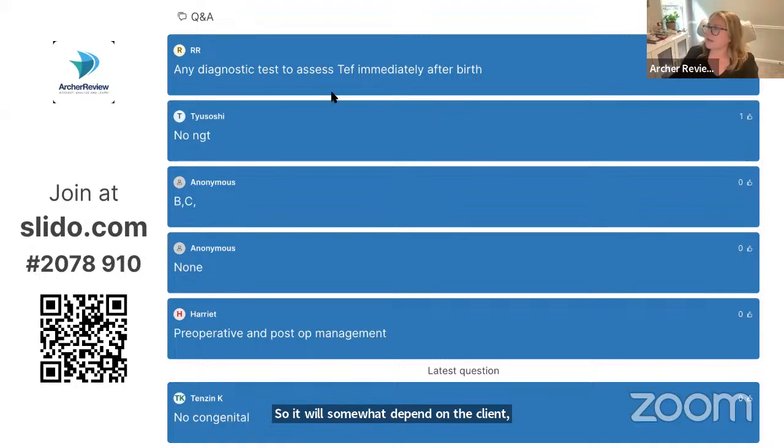All right, let's see. Are there any diagnostic tests to assess for tracheoesophageal fistula right after birth? I like this question, okay? So remember, we put up that image. Typically, we're going to get an x-ray just to see the anatomy. But I also have another little trick that you guys can use.